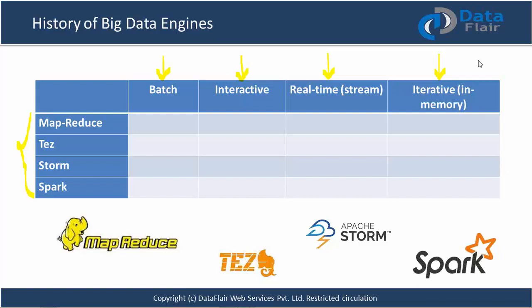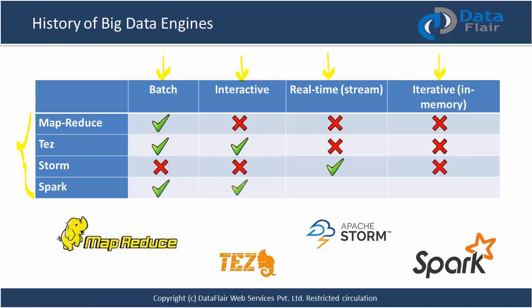Now let's see what capabilities MapReduce has, what problems MapReduce addresses, what problems these address, and Storm and Spark. MapReduce, proven solution for batch processing.